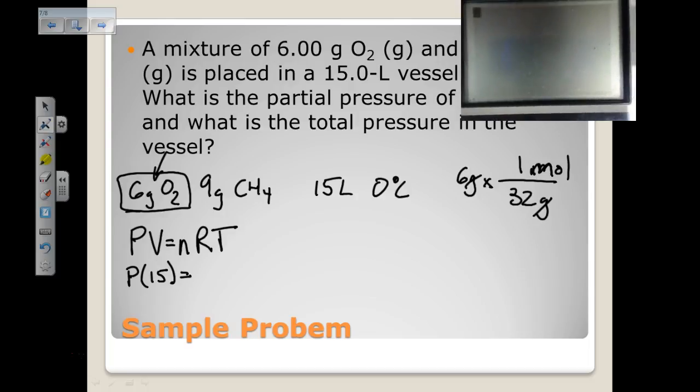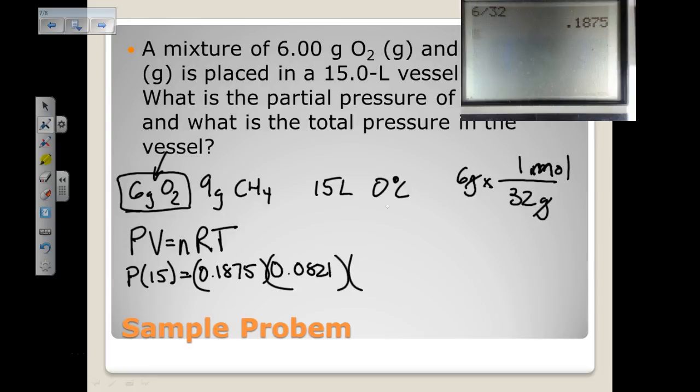So we have 6 divided by 32, and that is 0.1875 moles, times R, 0.0821, times T. We have 0 degrees Celsius, so in Kelvin, that's 273 Kelvin. So now we're going to solve for P.